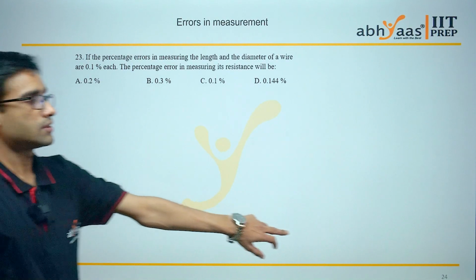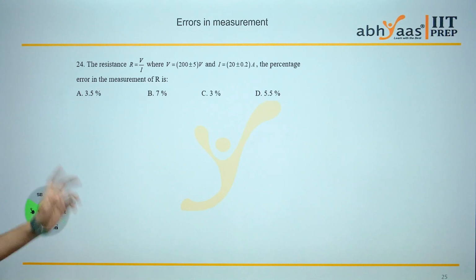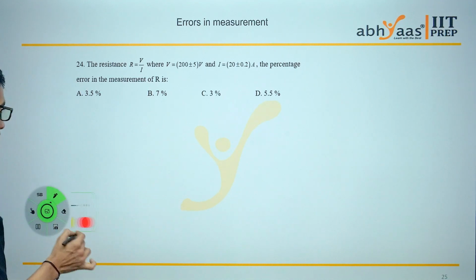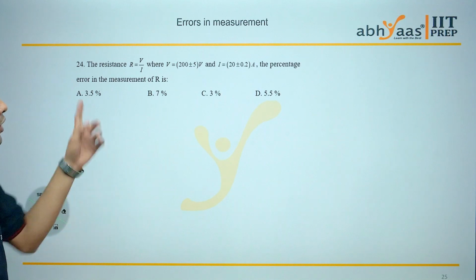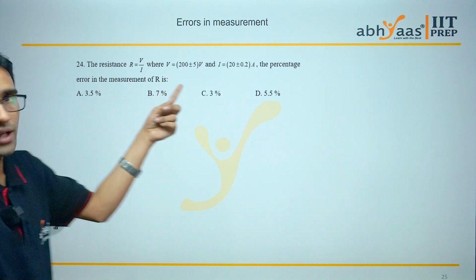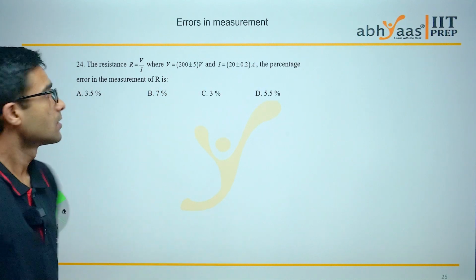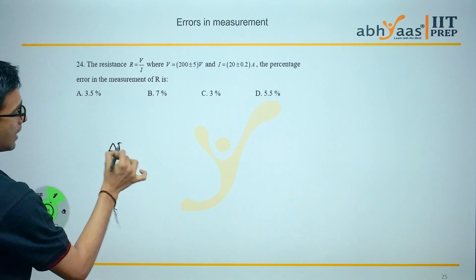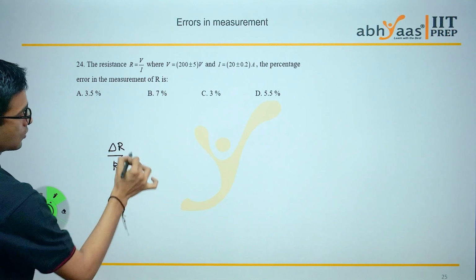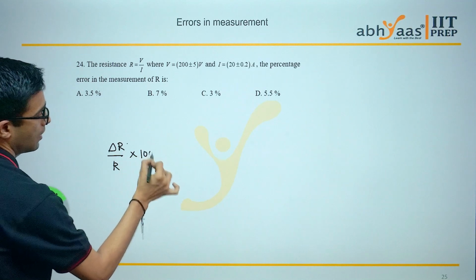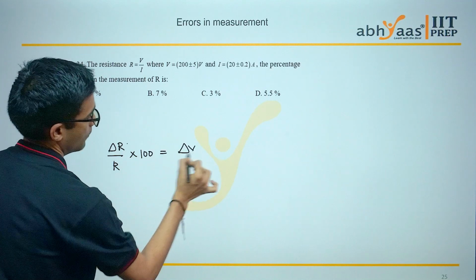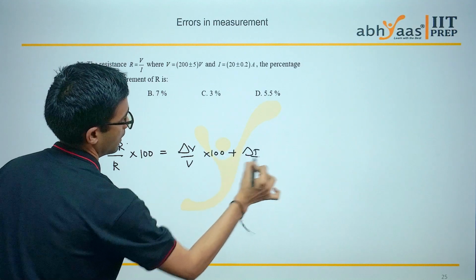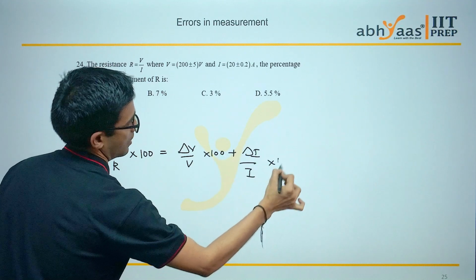Okay, so this is related to that one. Another question is also related to resistance. If you see here, R equal to V by I. What you have to calculate is again the error in measurement, delta R by R. Again, what comes to your mind? Delta R by R into 100 is equal to delta V by V into 100 plus delta I by I into 100.